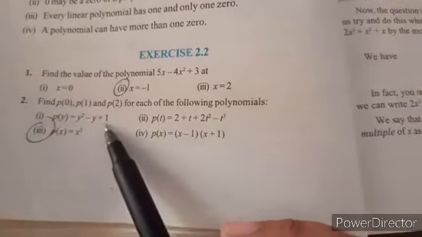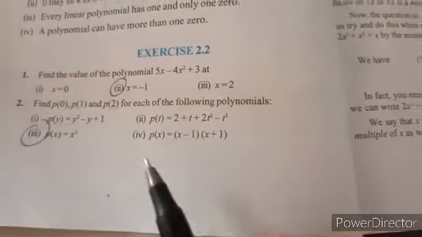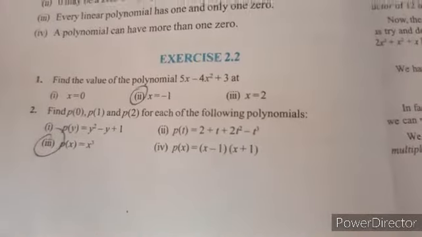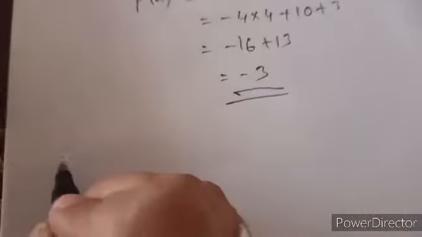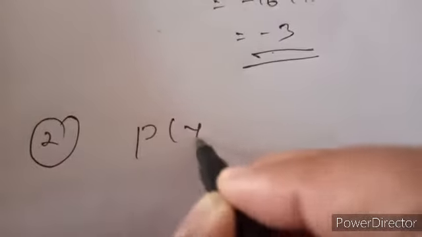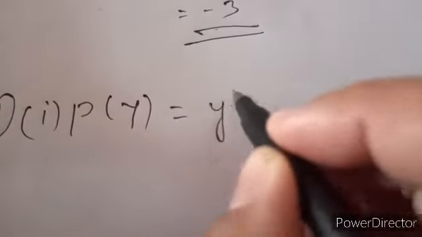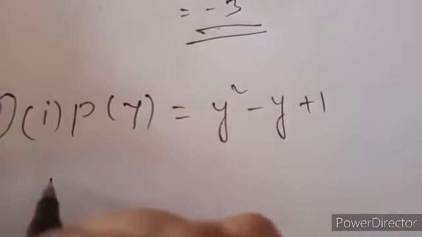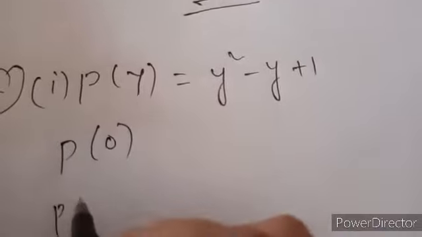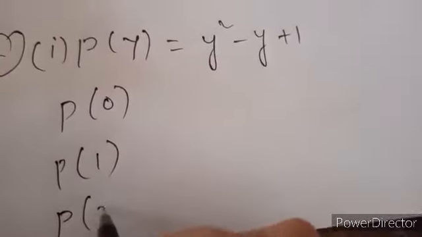I shall do the first question for you all, and the remaining 2, 3, 4 you have to try by yourself. So I am taking my question number 2, part 1. P of y is given here, y square minus y plus 1. First you have to find p of 0, then p of 1, then p of 2.